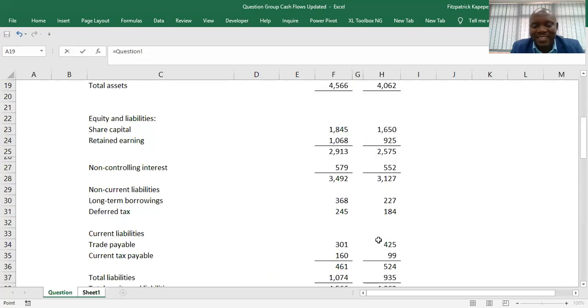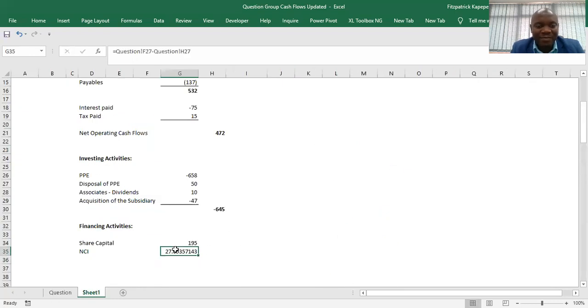NCI funded. I hope they did. Then we go to debt. This is interest-bearing debt.